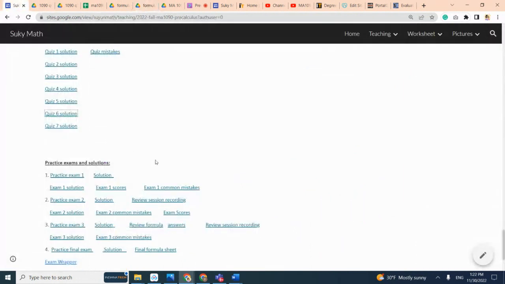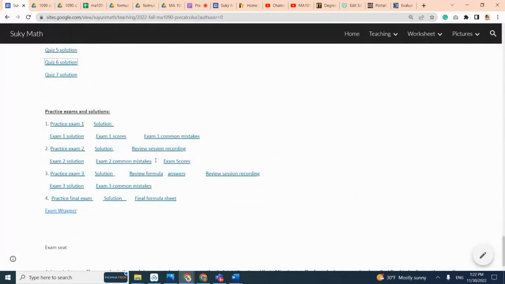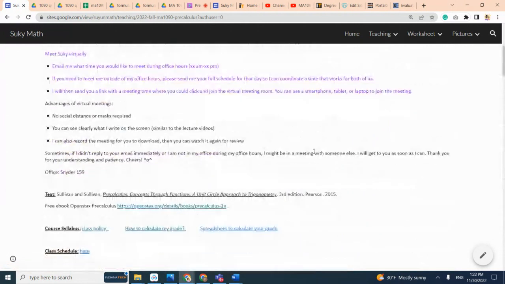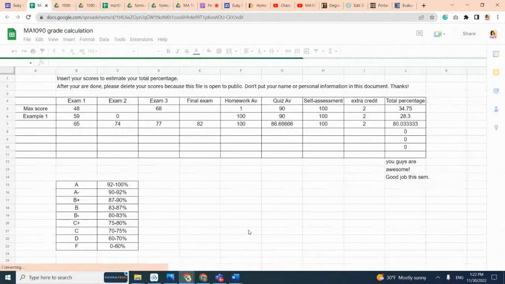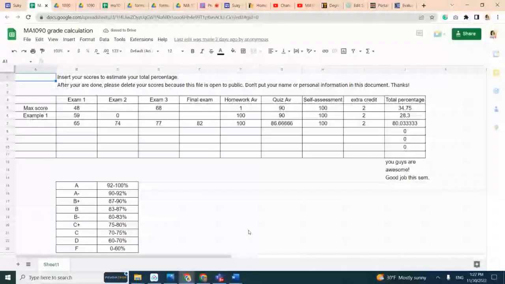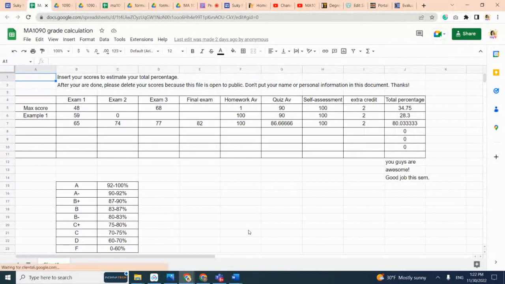So I posted the exam 3 solution on the website, then you can make corrections and then submit that in Blackboard. By the way, did I tell you this Excel sheet you can use to calculate your grades? Yeah, so you can plug in your exam 1 score, exam 2, exam 3, and the final exams, and then your homework average, quiz average, self-assessment, extra credit, and then you can calculate your scores.